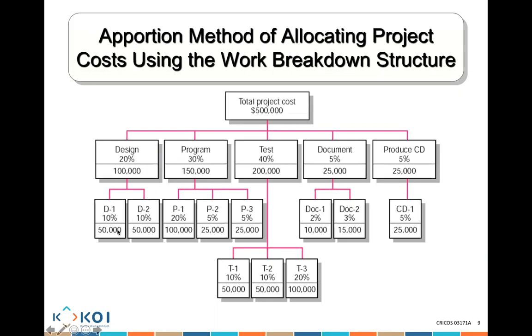And you go even further down: out of that 20%, I have 10% and 10%, so that's 50,000 and 50,000. 30%, of which 20% is here, which is 100,000, 5% is here and 5% is here, 25,000 and 25,000. So you basically work based on the percentages to create your estimation.